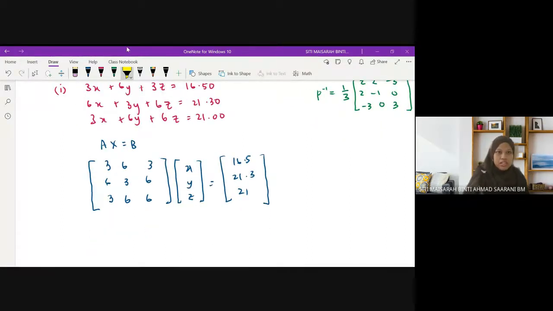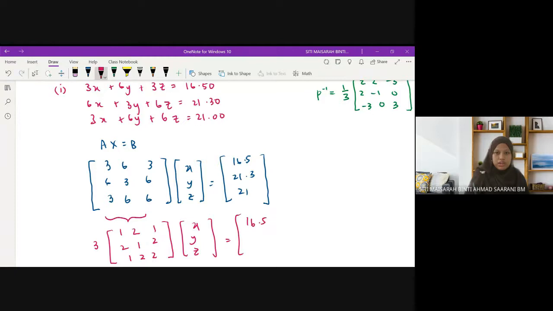So this part, we factor by 3, we get 1, 2, 1, 2, 1, 2, 1, 2, 2 times X, Y, Z equals to 16.5, 21.3, 21. Okay, so this is KPX equals to B.